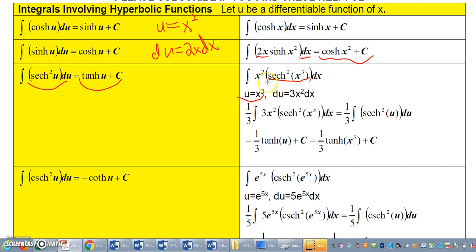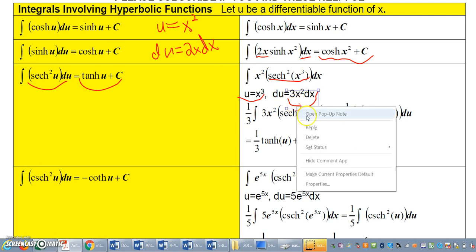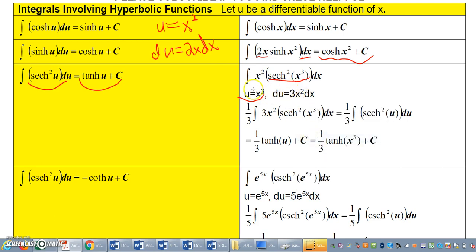But if u is x cubed, then du would have to be 3x squared dx. The problem I run into here is I don't have the 3 in the integral. I have the x squared dx, but not the 3. So I can just multiply inside the integral by 3, as long as I multiply by 1/3 on the outside. Now if you put the 3x squared and the dx together, that forms the du.